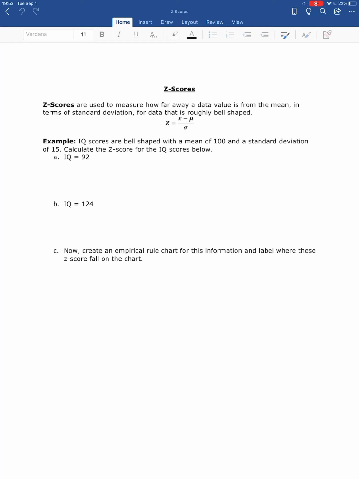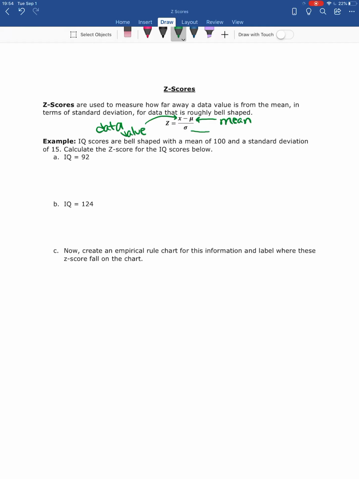And this is going to be really helpful, as you'll see in the next video, if you're trying to compare values. So the equation to calculate a z-score is you're going to take the data value for the individual that you're looking at, x, minus mu, and remember mu stands for the mean, and then we divide by sigma.